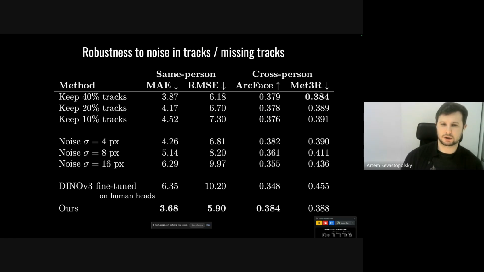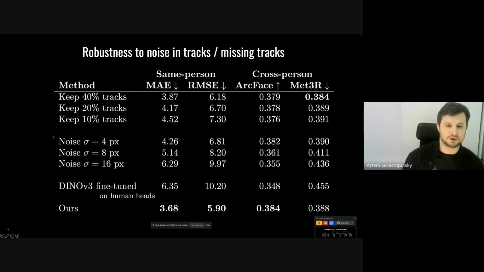So would it still work if for each video in the training we have only a fraction of the tracks? And it turns out it does. Even if we take 10 times fewer tracks, the quality doesn't degrade that much. You can see that the quality gap is significant, but it's still much better than the best of the baselines shown here for reference.